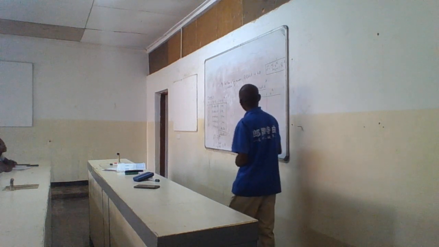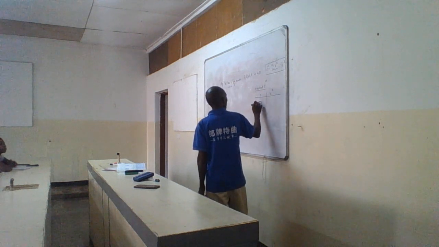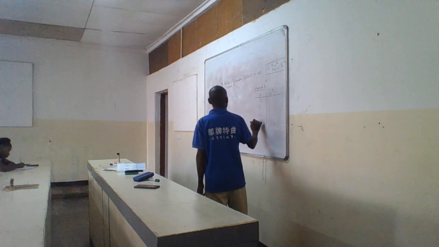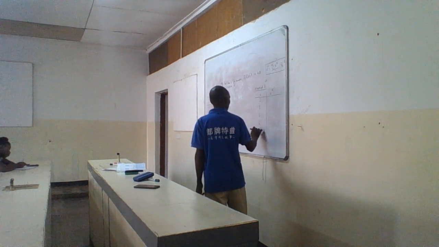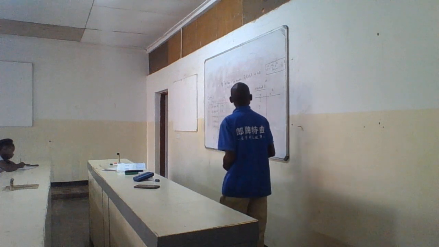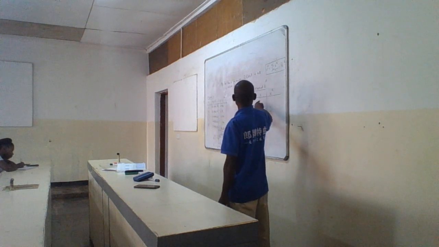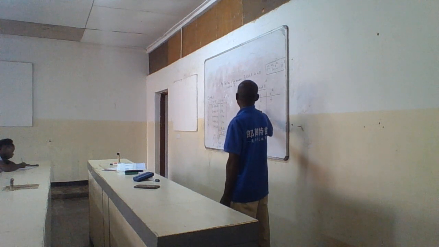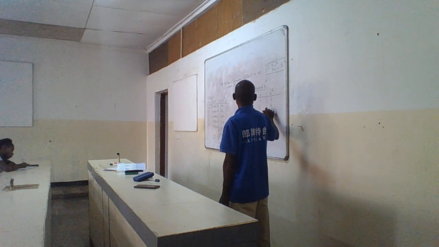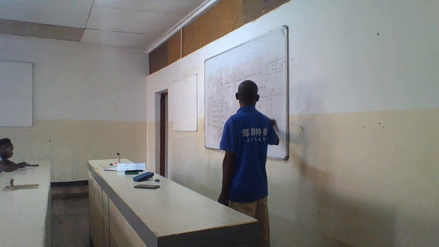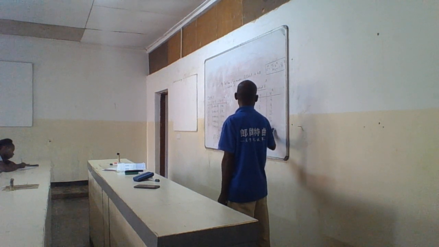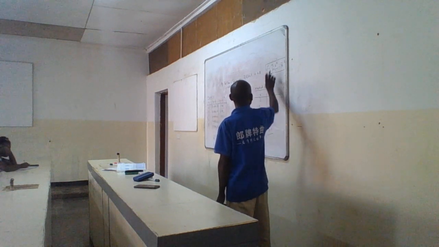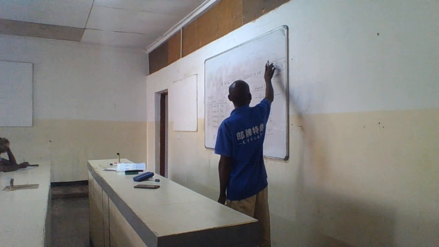Let x be 2, 3, 5, 6 and 8. Then x squared is 4, 9, 25, 36, 64.